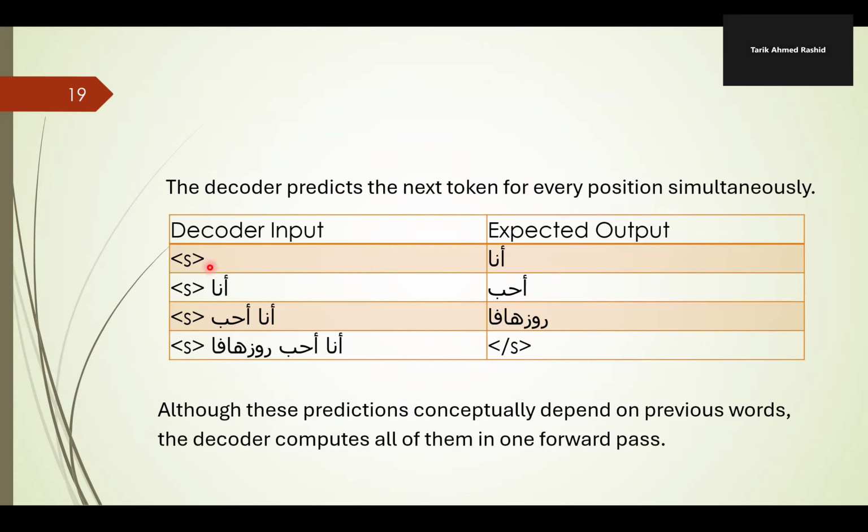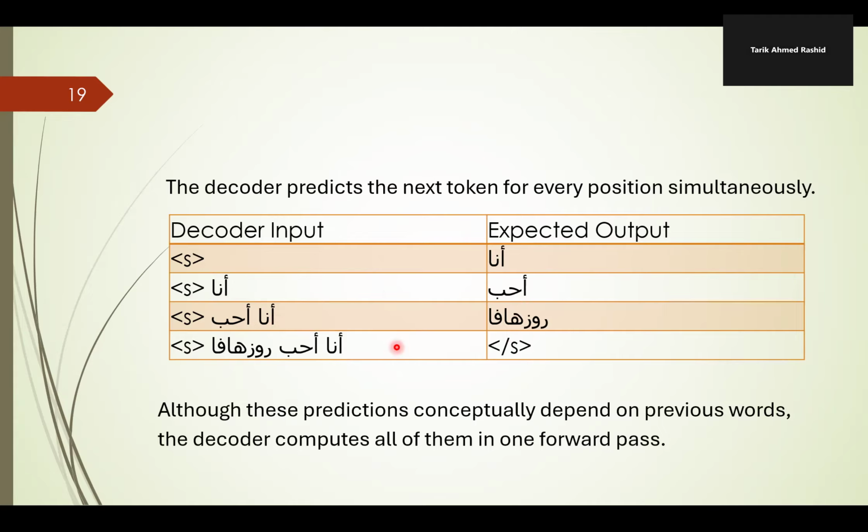For decoder input S, the expected output is Ana. Then Ana will be added to the next step's decoder input, so your next input will be S plus Ana. Then the decoder will predict Ahab, and then Ahab will be added.